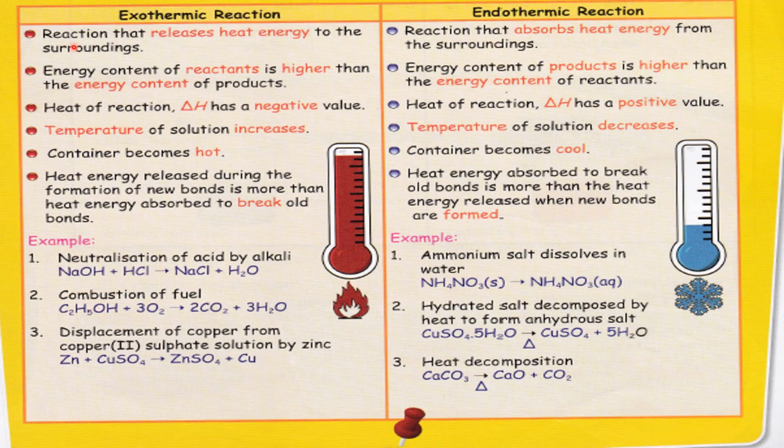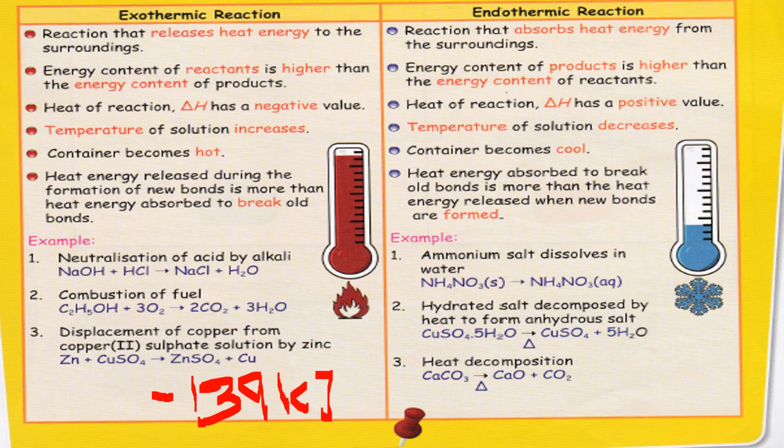So this is a comparison of endothermic and exothermic reactions. Exothermic releases heat, endothermic absorbs heat. The energy content of the reactant is higher in exothermic. This one you already know, I already explained. The heat of reaction is delta H. For exothermic, delta H has a negative value. What do we mean by negative value? For example, negative 139 kilojoule.